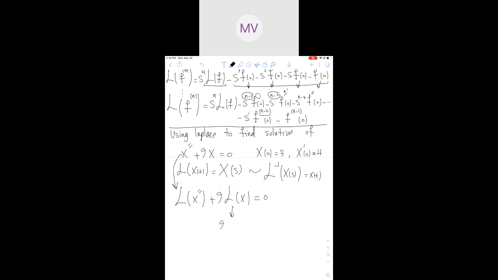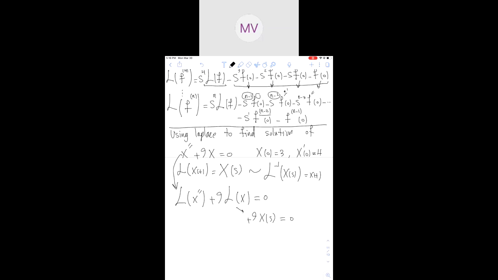We already know this one is 9 times Laplace x of s, right? So let me replace that with X of s, 9 X of s equals 0.